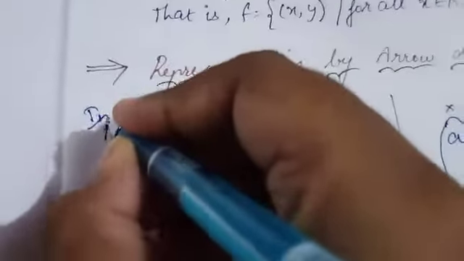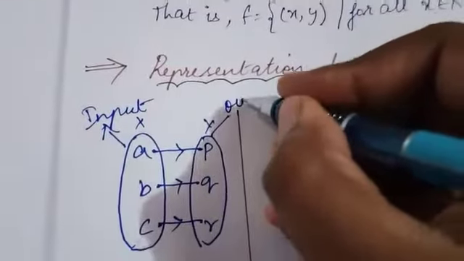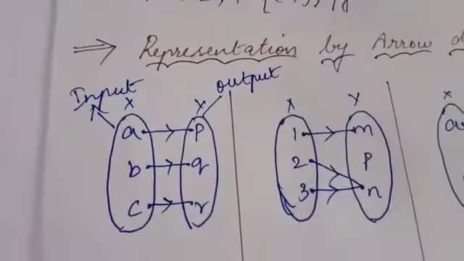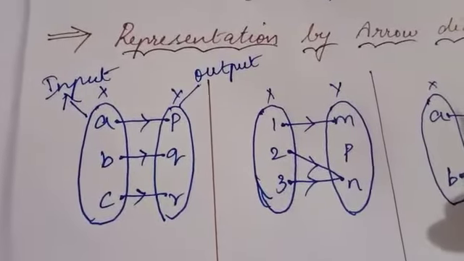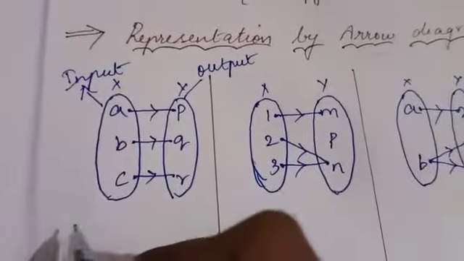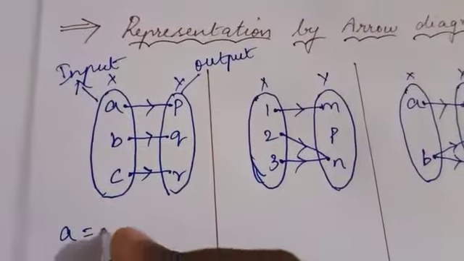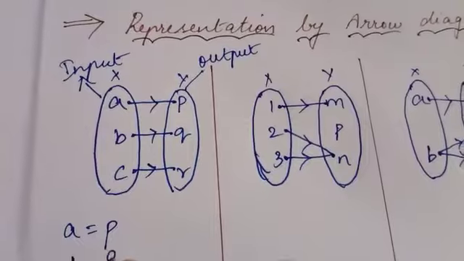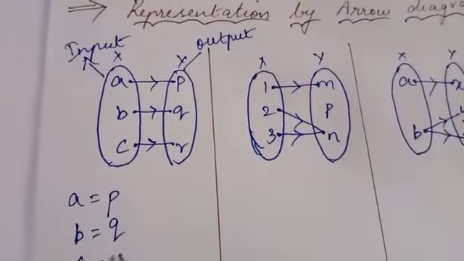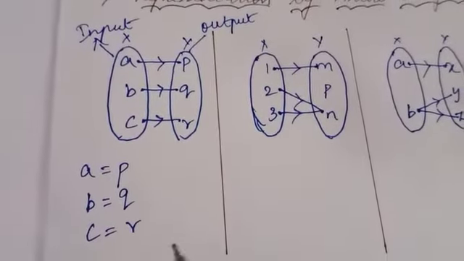So, this is our input, and this is our output. Usually the first set is the input and the second set is the output. What is the condition? To be a function, every input must have a single output. First we'll write it. A is the input and its output is P, B has the output Q, C has the output R. Now tell me whether this is a function.